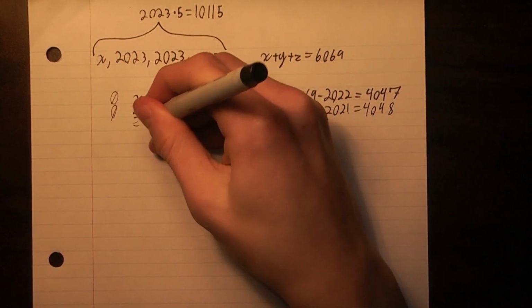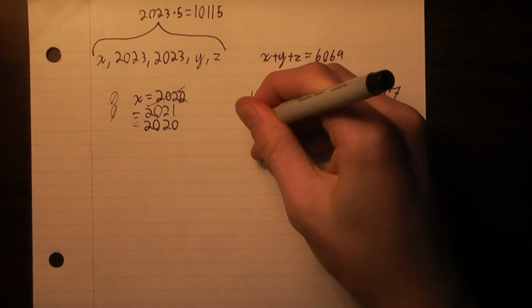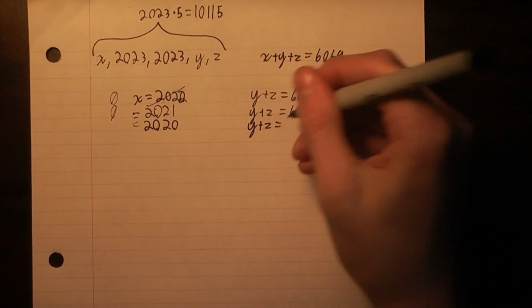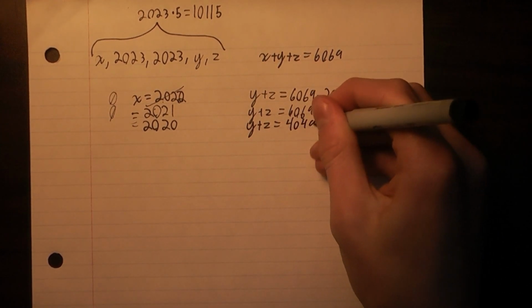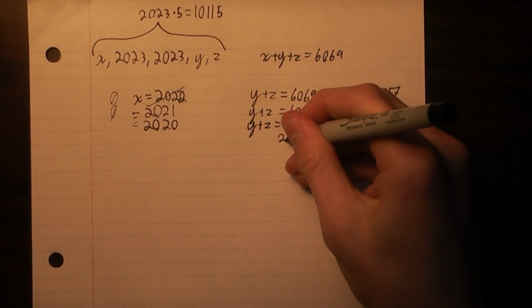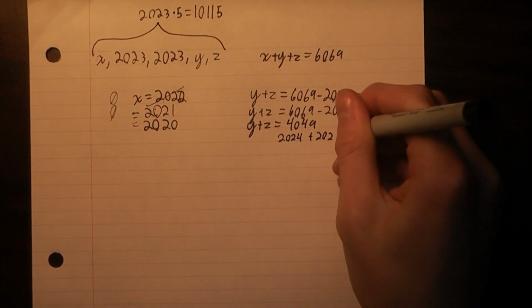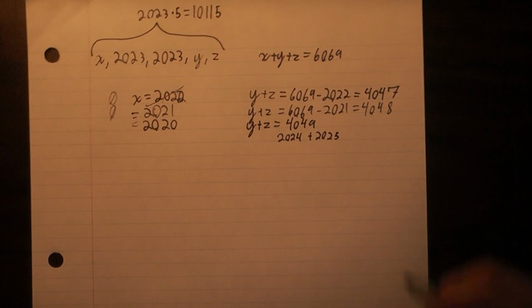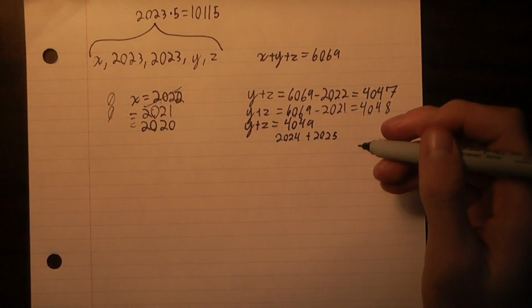What about when it is 2020 though? When it's 2020, y plus z equals 4049. This can be made using 2024 plus 2025. Both of these numbers are larger than 2023 and different.